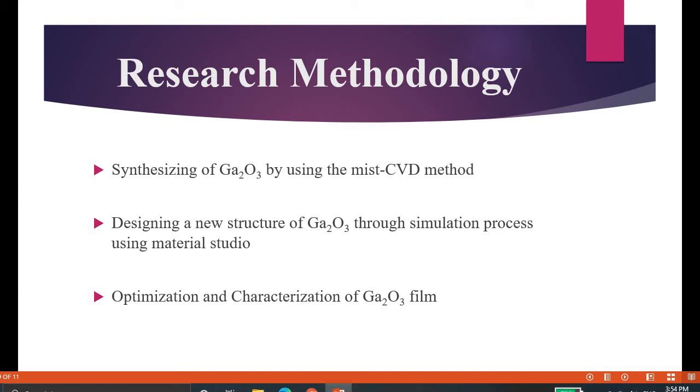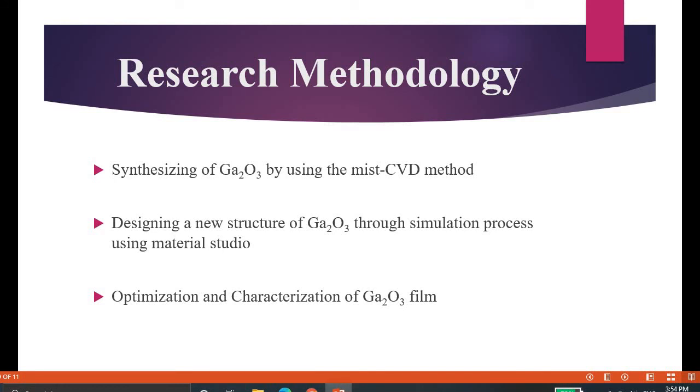The second stage is designing a new structure of gallium oxide thin film through a simulation process by using Material Studio. This stage involves the design and optimization of gallium oxide thin film using the Material Studio software. The actual name is Material Studio 8.0.